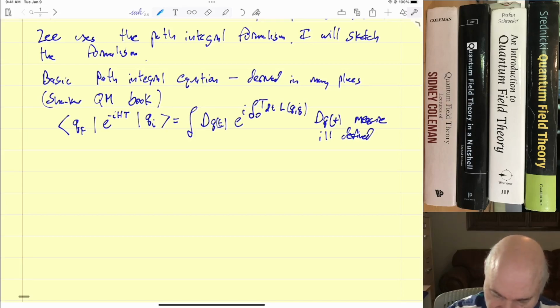Now, this is the QM formula. We're going to generalize to QFT, and we will add sources and sinks.